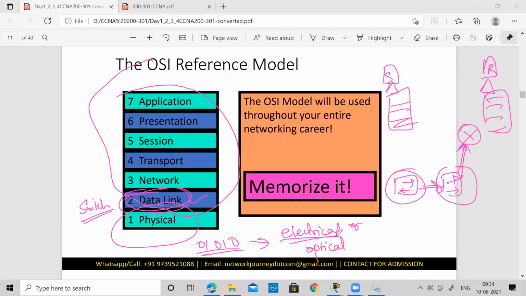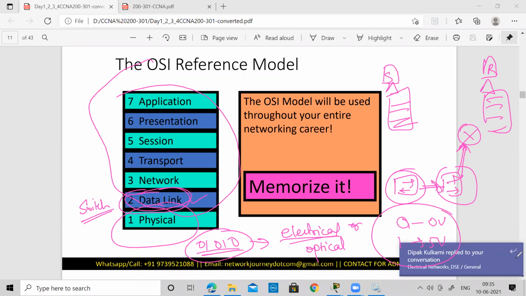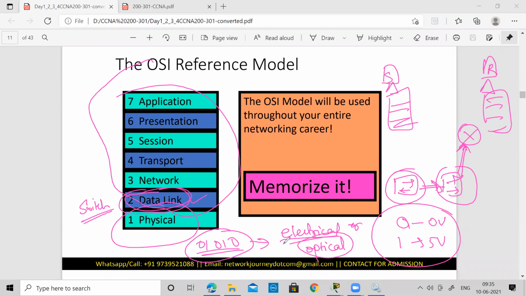If you are connecting a coaxial or a twisted pair cable, your zeros and ones will be represented as voltage. There will be a voltage specification: zero means 0 volts, and 1 means 5 volts. If you are using optical cables, 0 will mean the absence of light, and 1 will mean the presence of light.